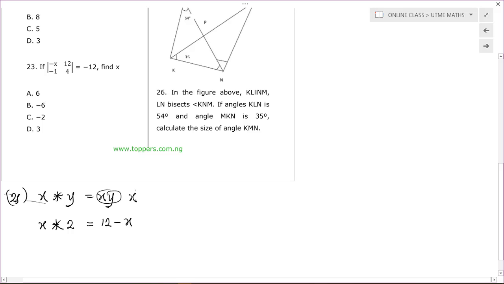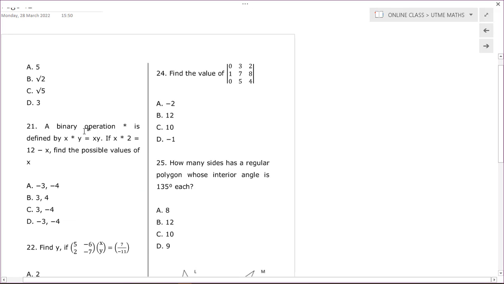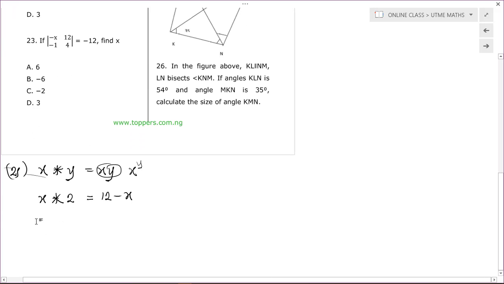It should be x raised to power y. So in this case, what we are saying in this question is basically x, in the position of y now we have 2, to be x raised to power 2 equals 12 minus x.